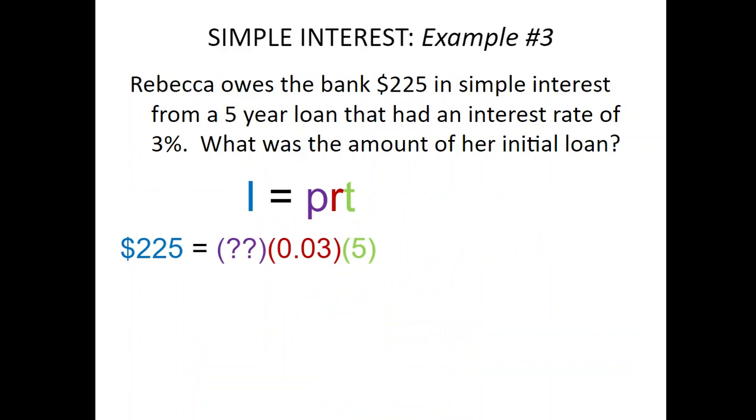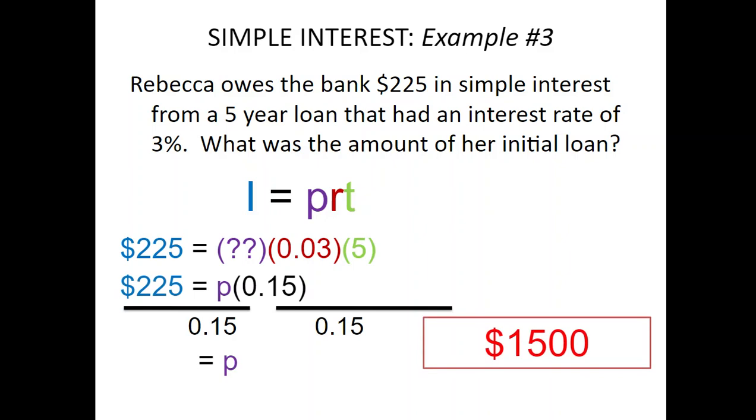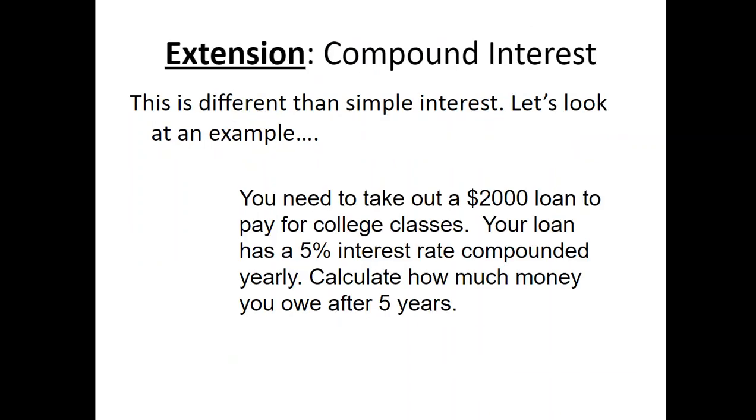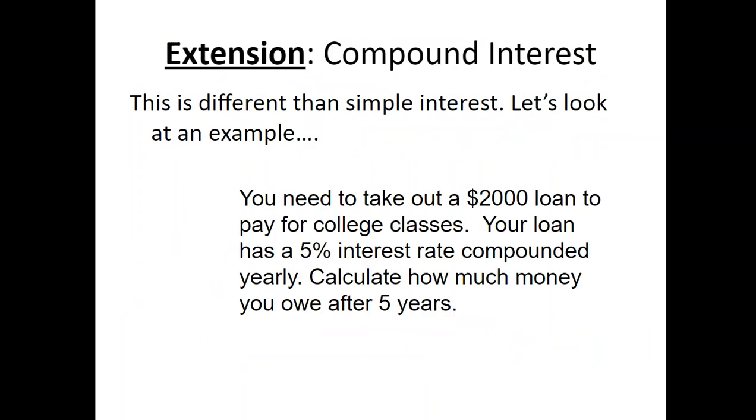After we substitute in everything, again, we create an easy one-step equation, and we find out that her principal is $1,500. So in all the examples that I just showed you, there's 4 variables, 4 unknowns. You will be given 3, and you have to find the fourth.